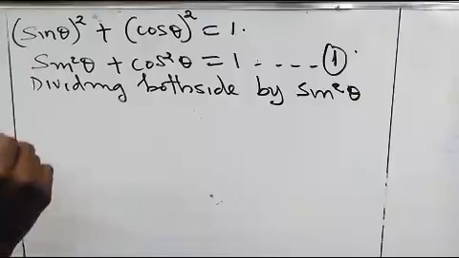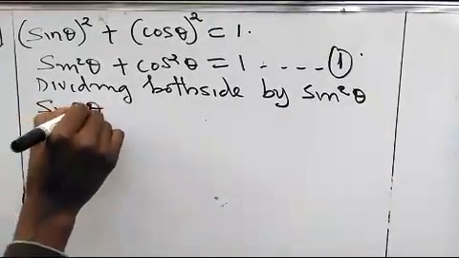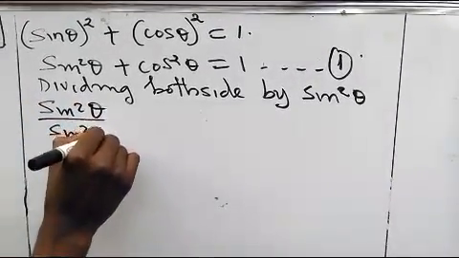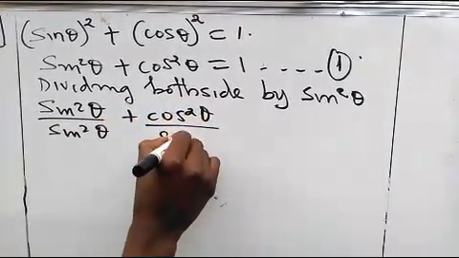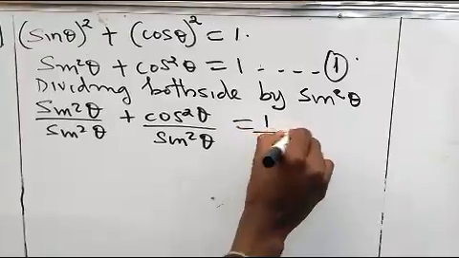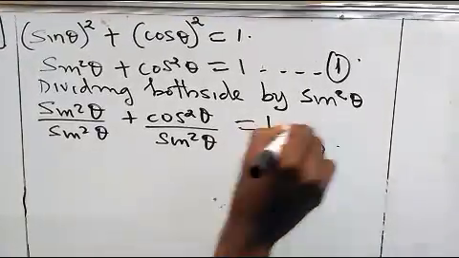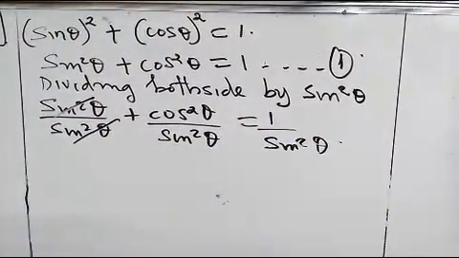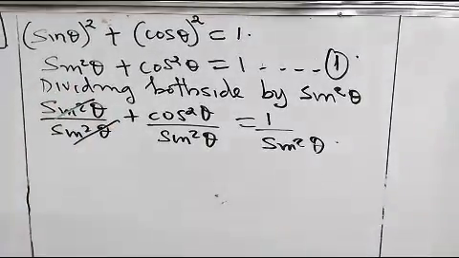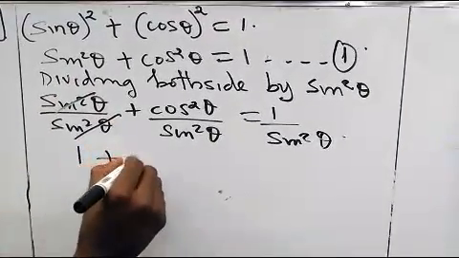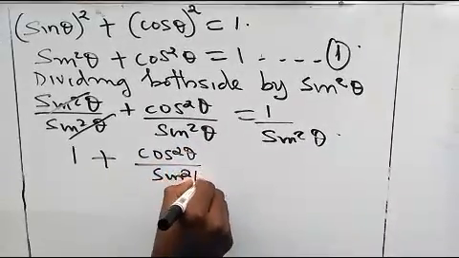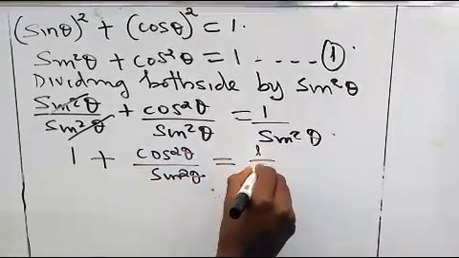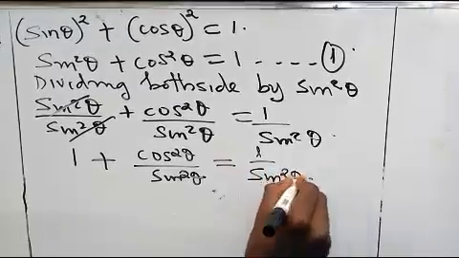So we are going to simply have sine squared theta divided by sine squared theta plus cos squared theta divided by sine squared theta equals to 1 divided by sine squared theta. Our sine squared theta cancels, and we are going to have 1 plus cos squared theta on sine squared theta equals to 1 on sine squared theta.